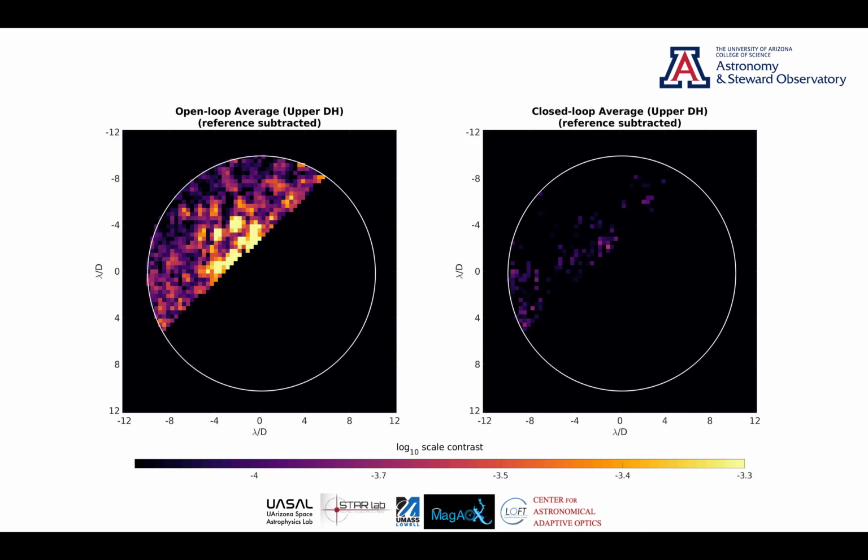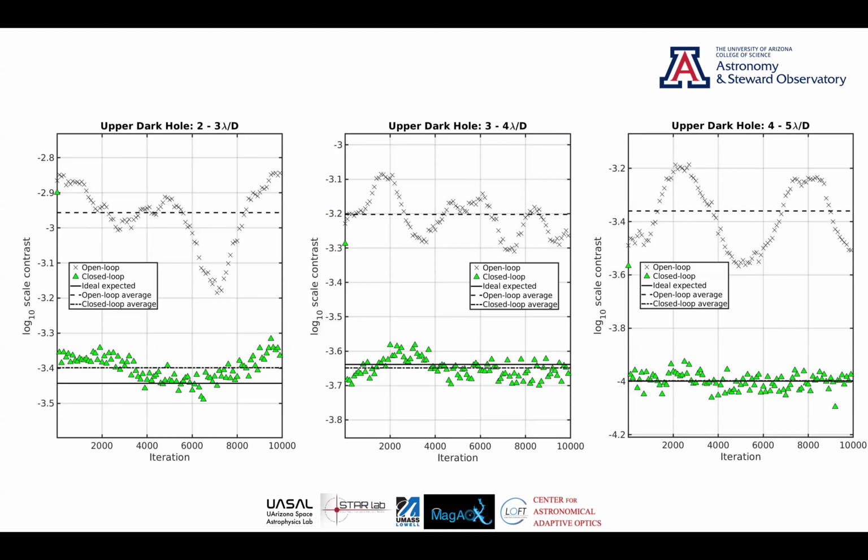No, so that was another thing. Let me show you this and then it's done. This is the last slide. These are the plots again that you saw, where I'm looking at different bands: 2 to 3 lambda over D, 3 to 4, and 4 to 5. You will see we learned from our mistakes, and now for our ideal expected contrast, we logged what it was in each individual bin.